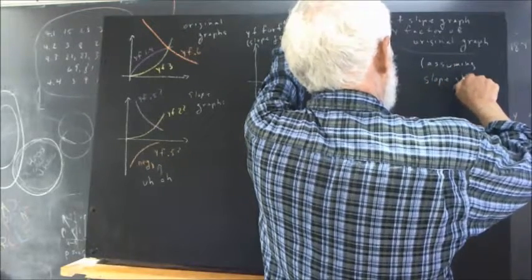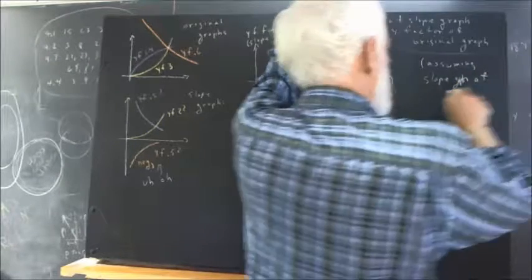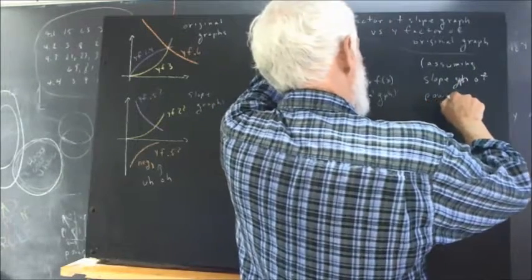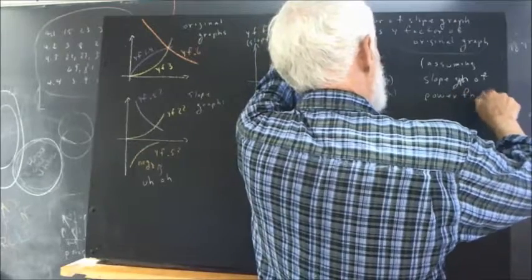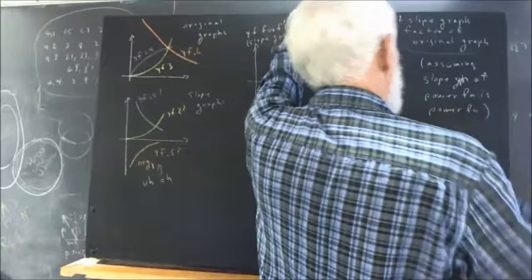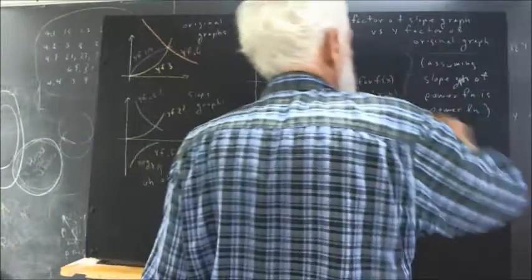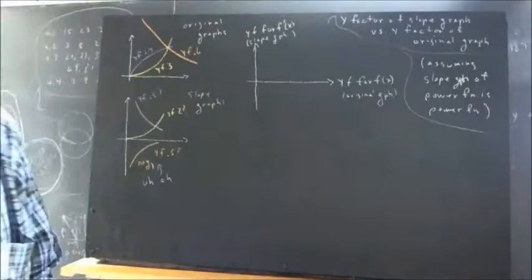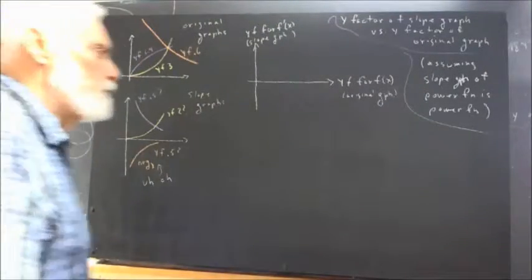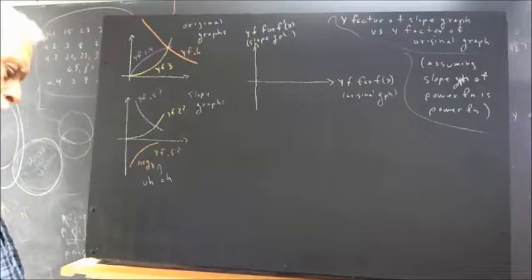If it isn't, then what we're doing doesn't make any sense. So we would really need to establish this. But let's assume that it does and see where that leads us.